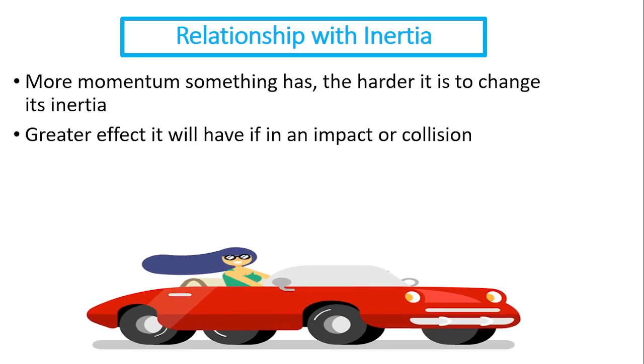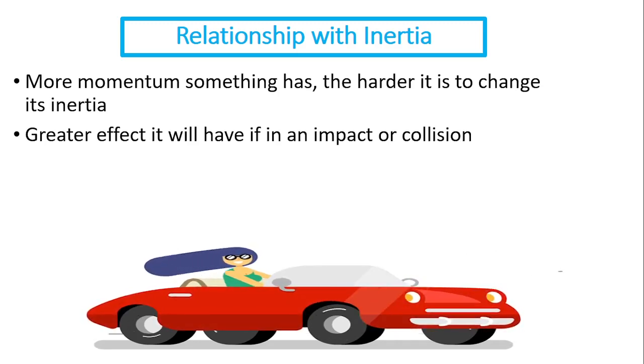So the greater the effect it will have if an impact or collision takes place. If a car is moving at a very high speed and then it collides with another car, we have seen a lot of accidents happening.